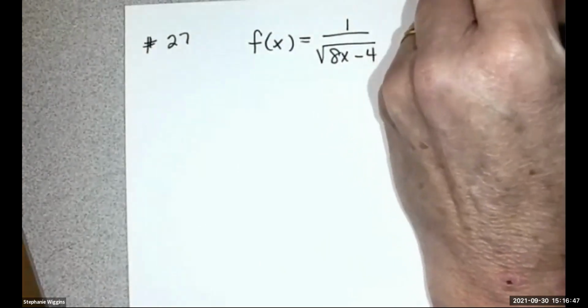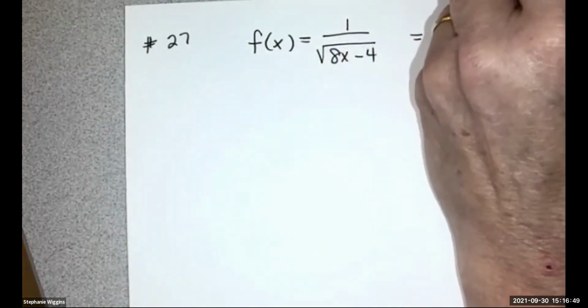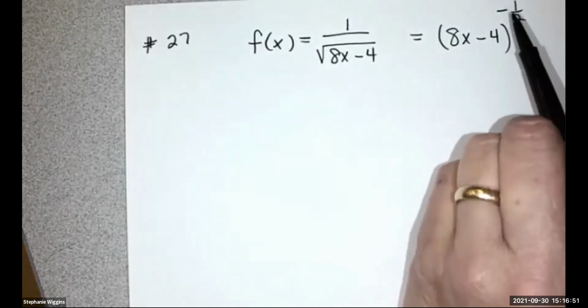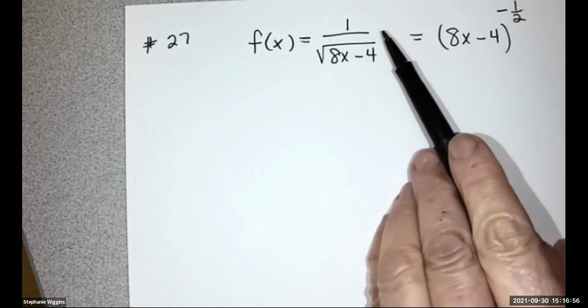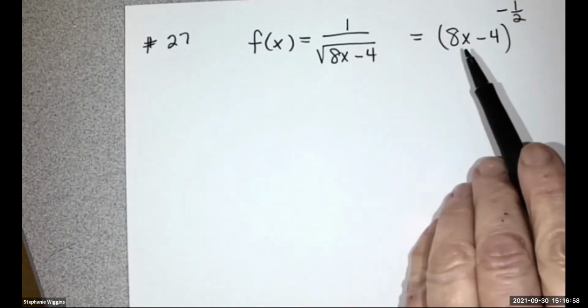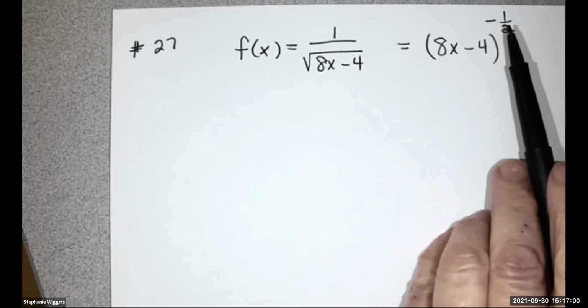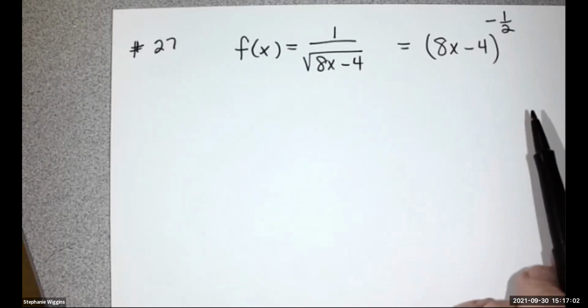I want to write this as 8x minus 4 raised to the power of negative 1/2. Again, the negative means it's in the denominator, like we have here, and the 1/2 means I'm taking the square root. So now, since I have a variable raised to a constant power, I can use the power rule.